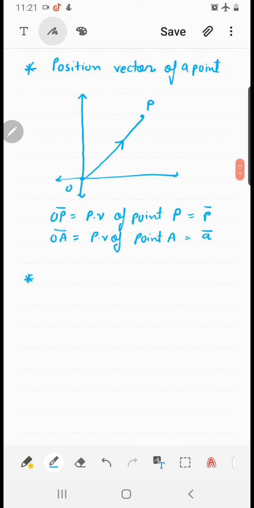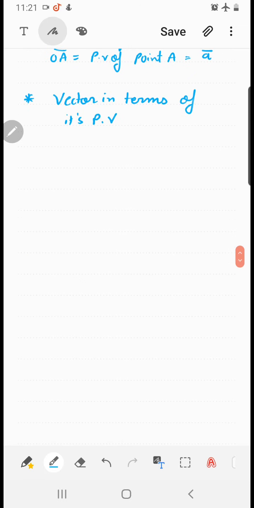Now, let us study the second part, that is vector in terms of its position vector. Let us define a vector AB bar.